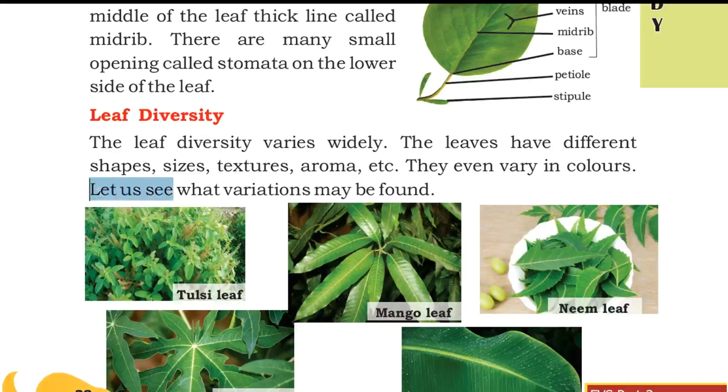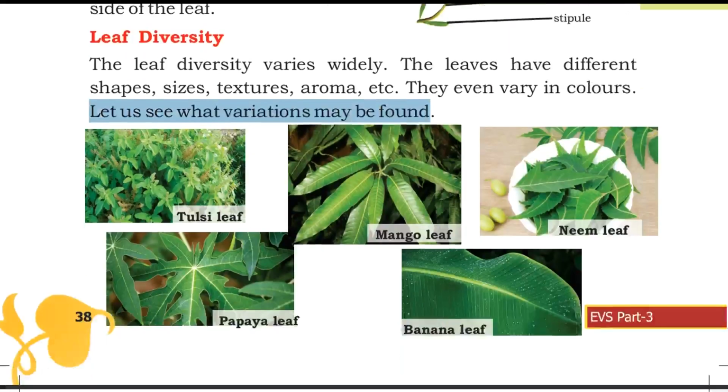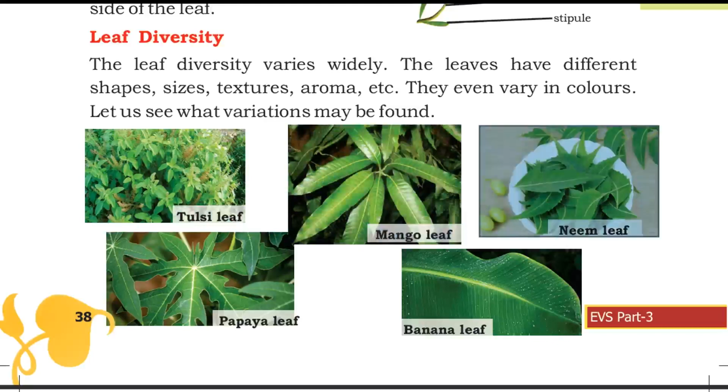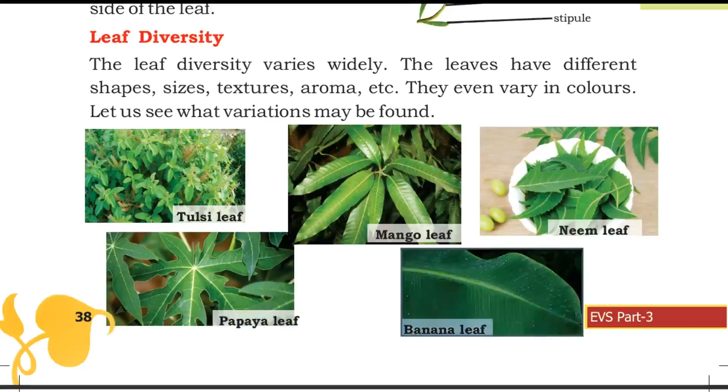Let us see what variations may be found. Tulsi leaf, mango leaf, neem leaf, papaya leaf, banana leaf.